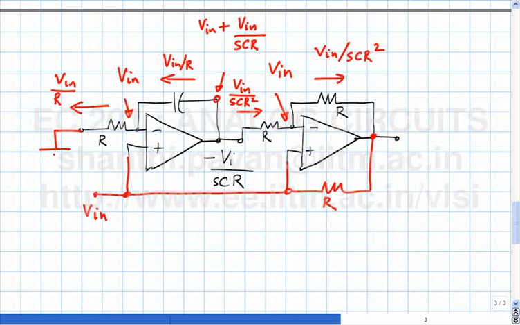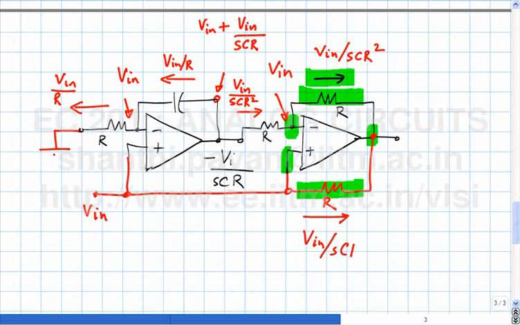Let's observe these two resistors. The voltage across both the resistors is the same; this potential is common to both the resistors. So if a current Vn by SCR square flows here, what can you say about the current through this resistor? It is the same thing flowing in the same direction. So this current must also be Vn by SCR square. And where does that current have to come from?